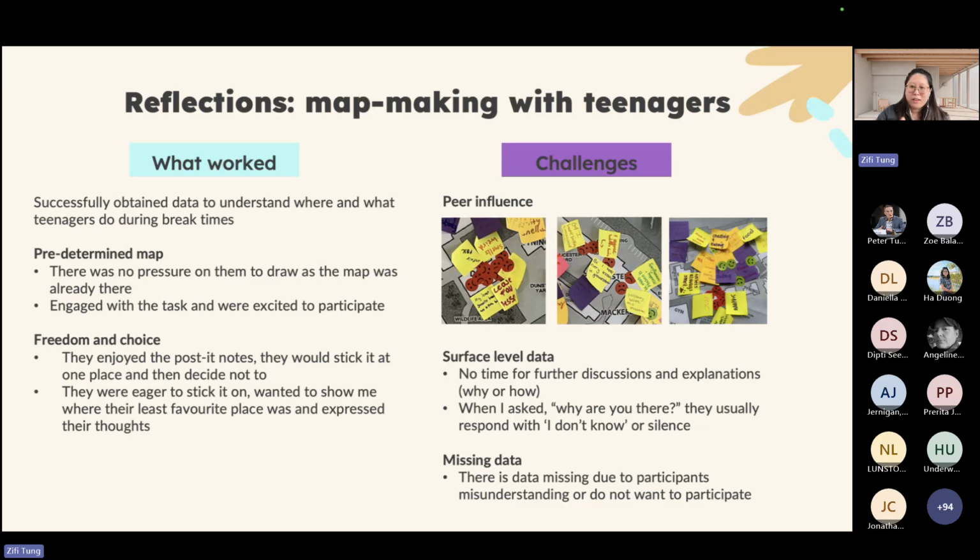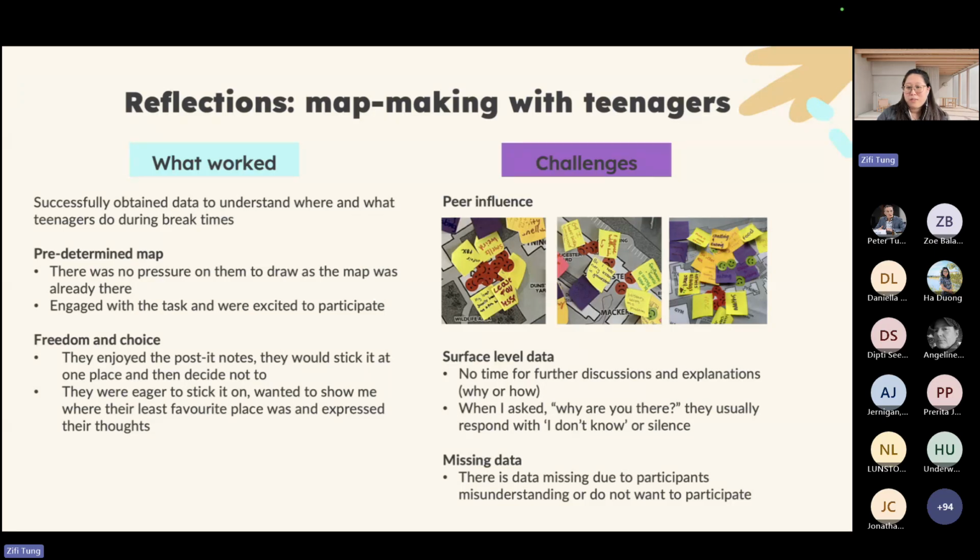And then she saw other students had already put it there. So she put it there. And then after a while, because they were all at that same table, they just decided to all put it there and write the same reasons. And this was the same with other year groups as well. That was something that's a challenge when it comes to doing it with a group.